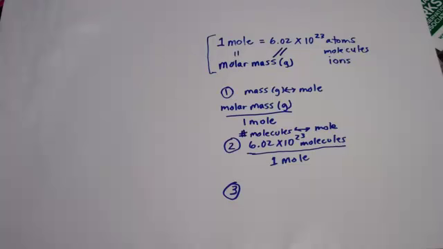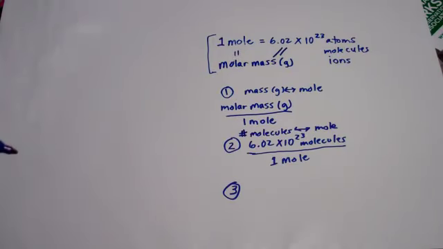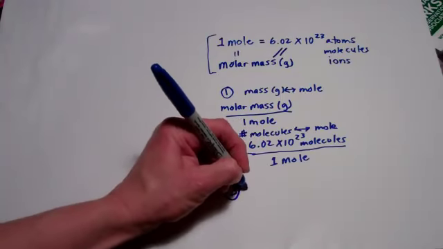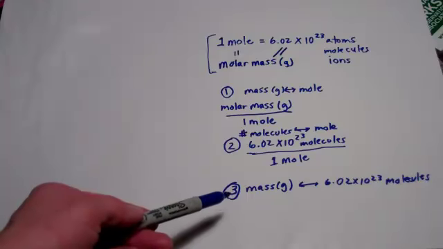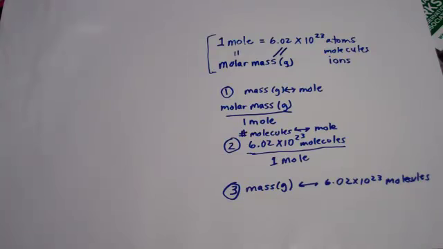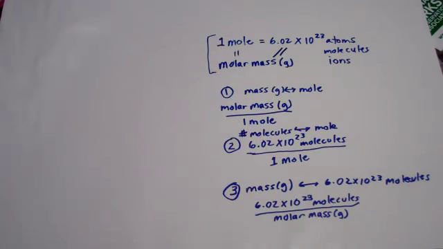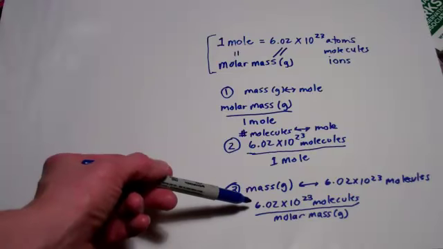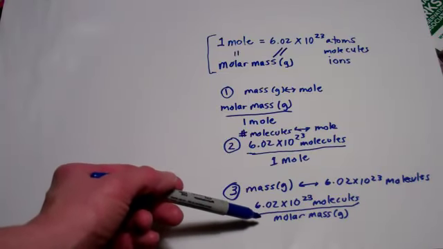So our third conversion factor is going to allow us to go between mass in grams and number of molecules. We can write this conversion factor as 6.02 times 10 to the 23rd molecules over the molar mass in grams.